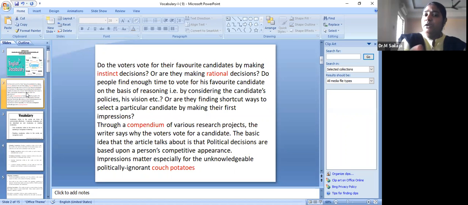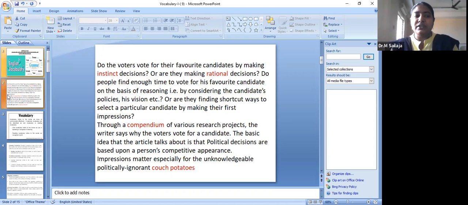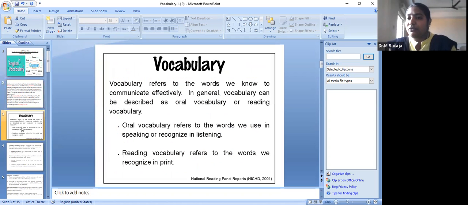For example, because of these 4 sentences, we are able to understand the whole theme of the passage. So while your speaker is delivering and using new vocabulary words, you must try to grab them, understand them very quickly, and adopt them.